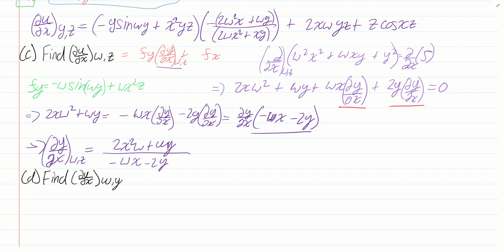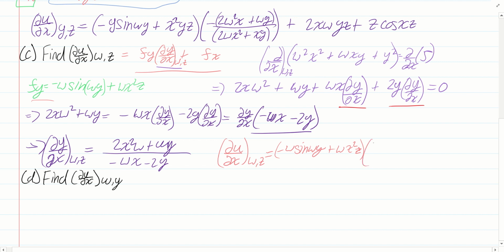So now, again, we're plugging back into up here. So that means that our partial of u with respect to x, holding w and z constant, is going to equal fy, which is this term, the negative w sine wy plus wx squared z, all times the partial of y with respect to x.